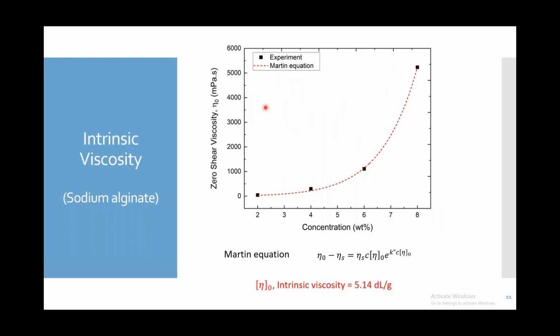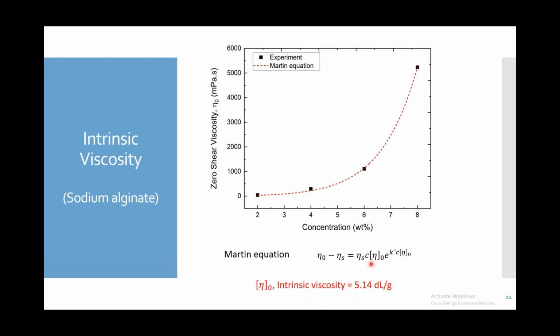With that in mind, we plotted zero shear viscosity estimated from the Cross fluid model as a function of sodium alginate concentration. Using regression models that are appropriate for the concentration range of our solution, we can calculate intrinsic viscosity. In this study, we use the Martin equation as a regression model to calculate the intrinsic viscosity of sodium alginate from zero shear viscosity data.